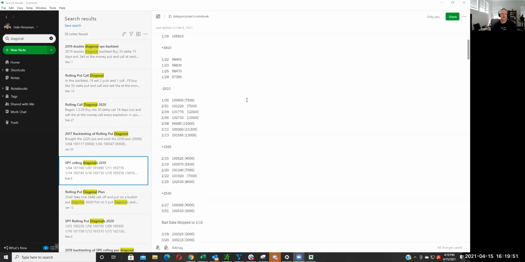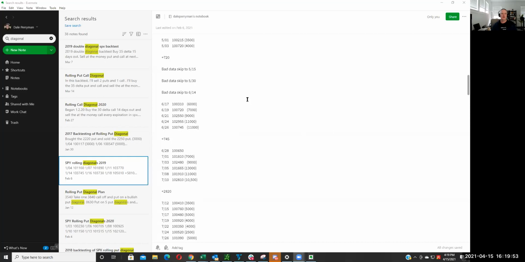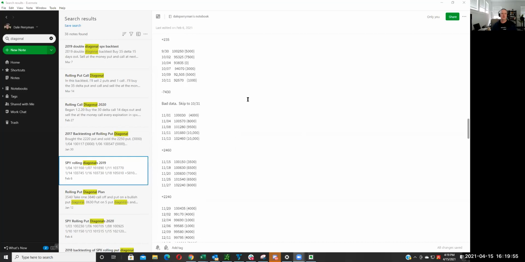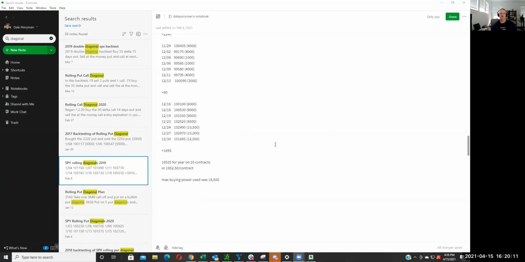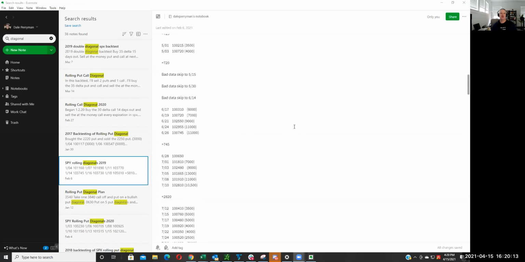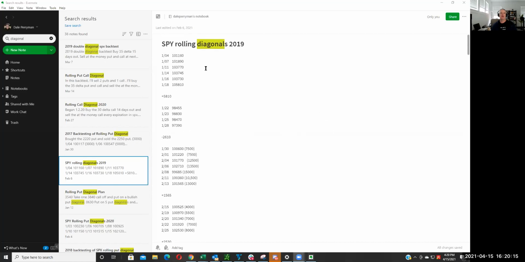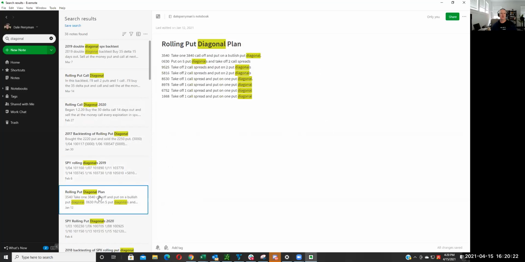I think I did 10 contracts on these. And this one looks like it was up $16,525 for the year doing 10 contracts, or it made $1,652.50 for the year per contract. The maximum buying power used was 18,500. I did this one just on put diagonals.